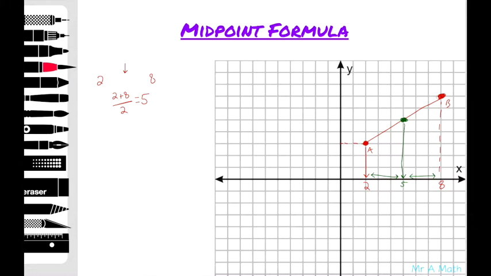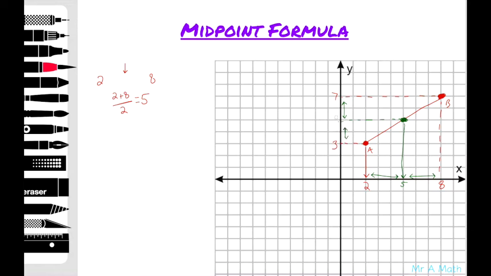I could consider the y-coordinate of my A and B by looking at the y-axis. So this would be 1, 2, 3. So A would have a y-coordinate of 3. B would have a y-coordinate of 4, 5, 6, 7. And again, I could find this midpoint by looking at what is directly in between 7 and 3.